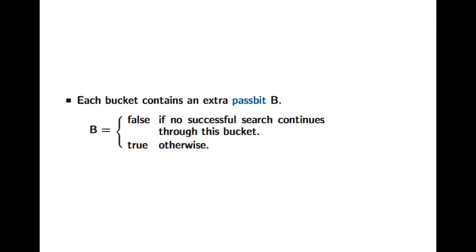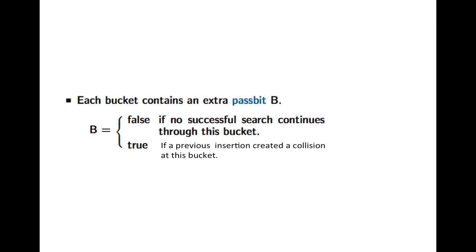So what we do is we associate with each bucket an extra bit. This bit is false if no successful search continues through this bucket, and is true otherwise. I like to think about it in slightly different terms.